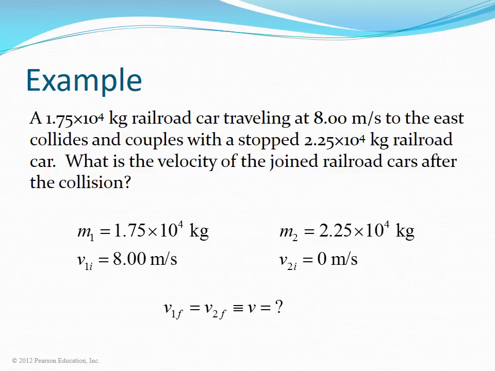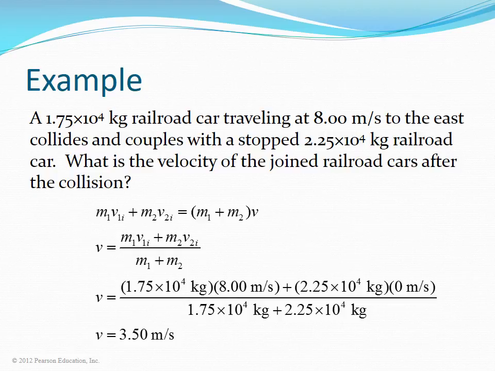Well, we know the mass of both railroad cars and their initial velocities. Since the cars are coupled together, the final velocity of the two cars must be the same. The momentum before is the sum of the individual momentum of each car. The final momentum is the sum of the masses of both railroad cars times the final velocity.